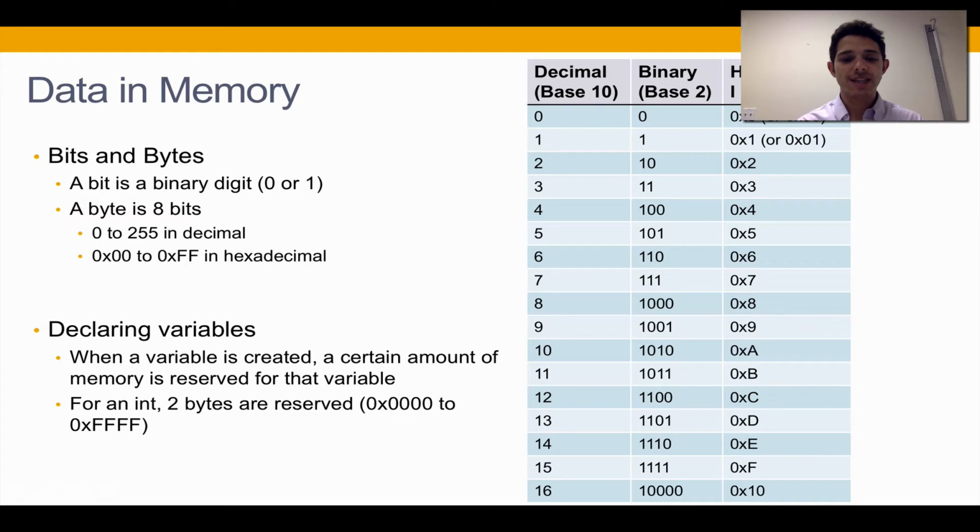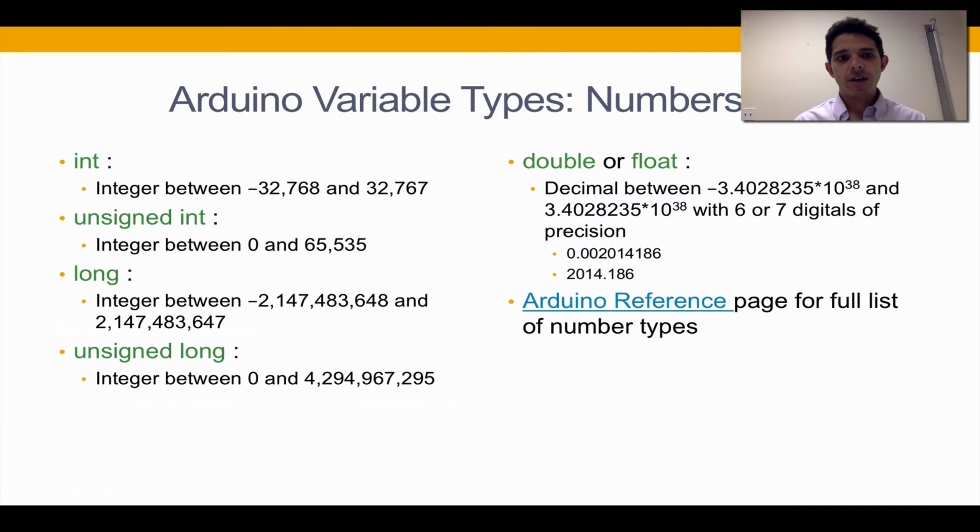In hexadecimal, that would be represented by all the values between 0000 all the way up to FFFF. Those are 2 bytes. That was the example for integers.